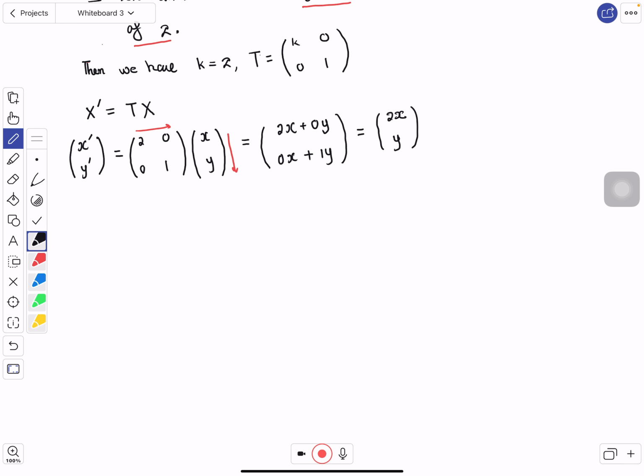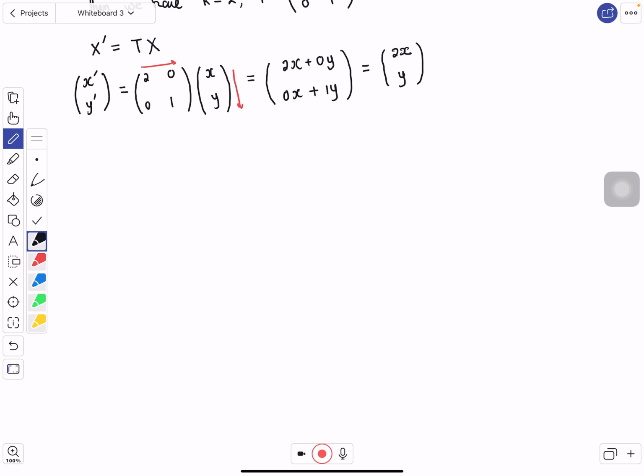Therefore, we know that x dash, y dash, these are the new points, equals 2x and y.